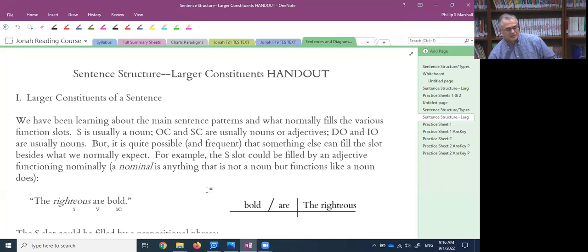Object complements and subject complements are usually nouns or adjectives. Direct objects and indirect objects are usually nouns. Now, I'm aware that I may be using some terms here that for some of you, the notion of a noun versus an adjective may still be a little bit fuzzy.